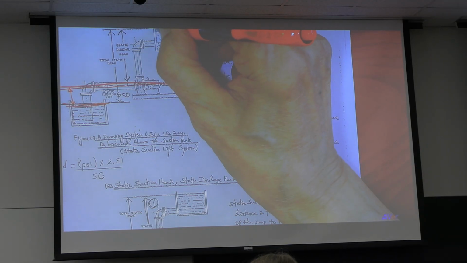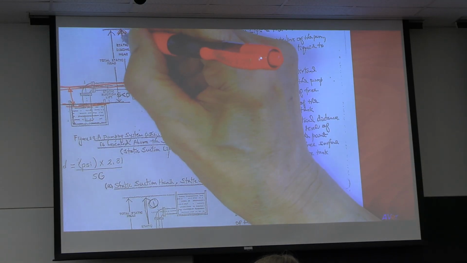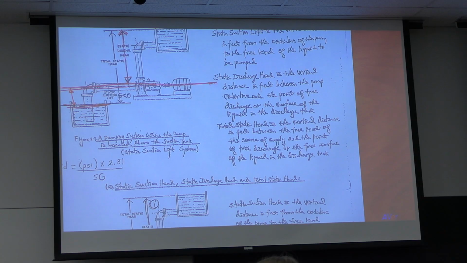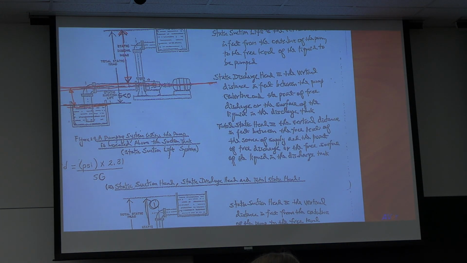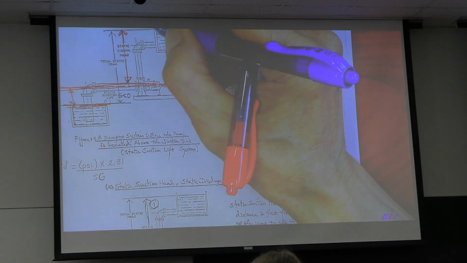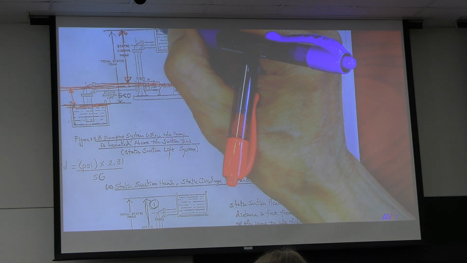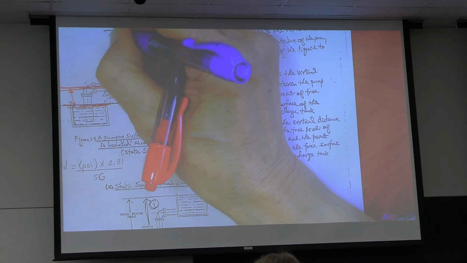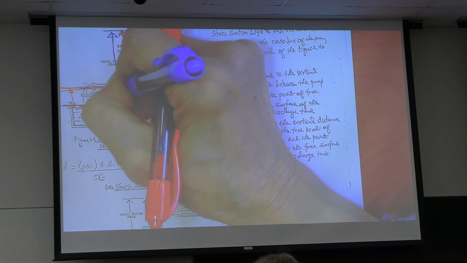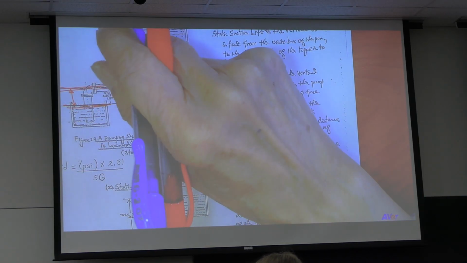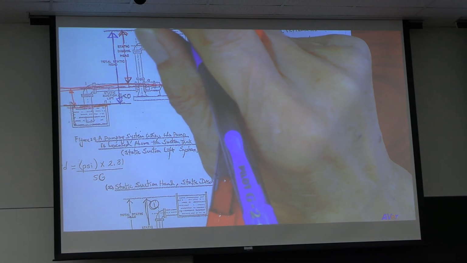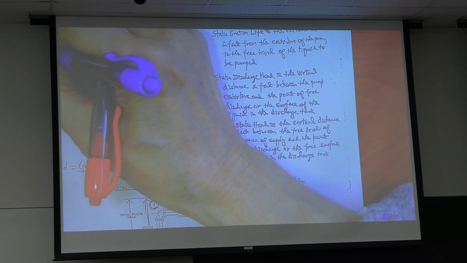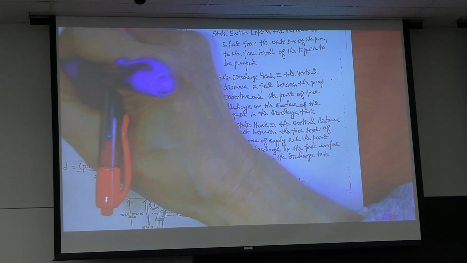The discharge tank is above the center line of the pump. In terms of potential energy difference, total static head is the sum of the 2. This is called suction lift.